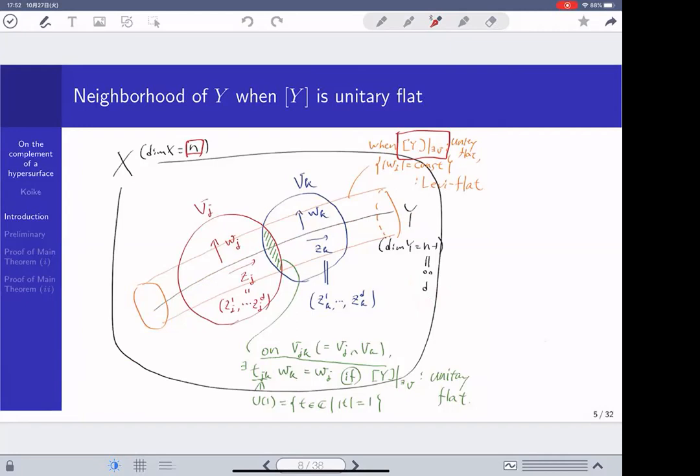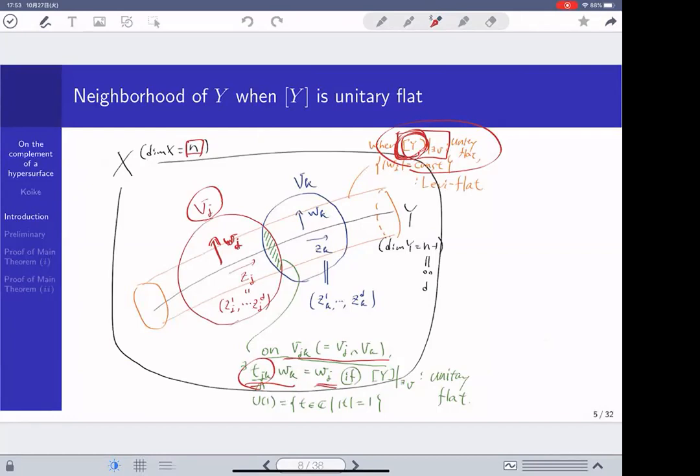In this case, as this line bundle is defined by using local defining functions of Y, this condition means that on each Vj, there exists a nice local defining function Wj of Y, such that on each Vjk, there exists some unitary constant Tjk, such that Tjk times Wk coincides with Wj.